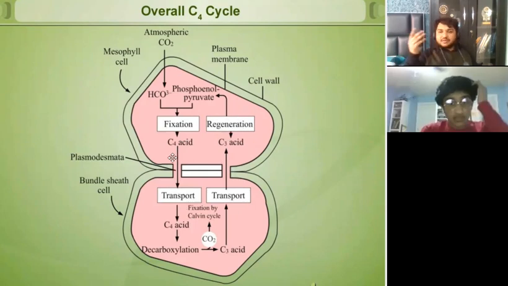And decarboxylation also takes place. So why are we doing this? We are doing this because in the Calvin cycle, they are producing glucose. So the C4 cycle is a very complex phenomenon. They are producing CO2, and the CO2 is forming the glucose here.